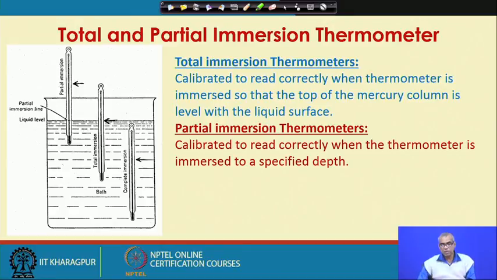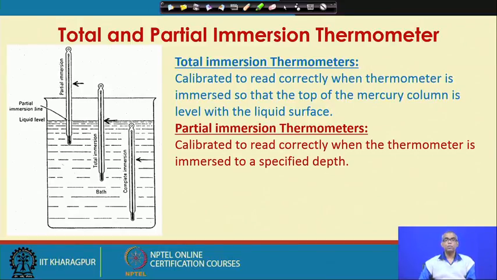Partial immersion thermometers are calibrated to read correctly when the thermometer is immersed to a specified depth. Oftentimes, this is 76 millimeter. This partial immersion line is always indicated on the stem of the partial immersion thermometers. So, while measuring the temperature using a partial immersion thermometer, we must immerse the thermometer to the specified or indicated immersion line.